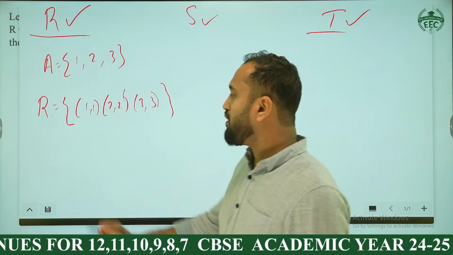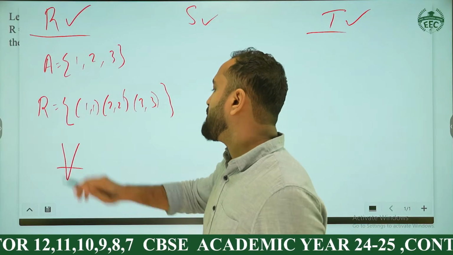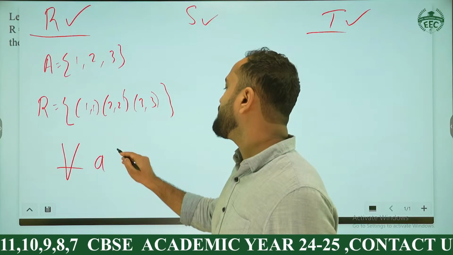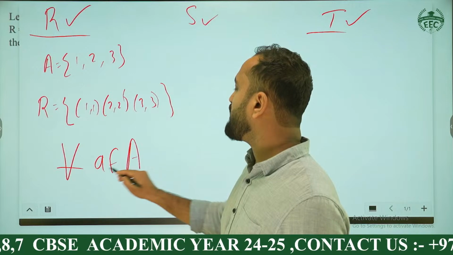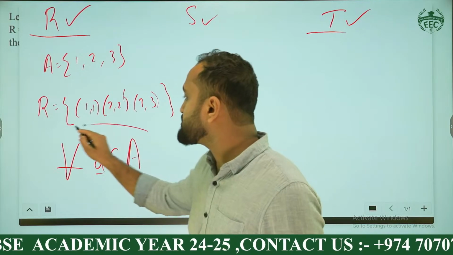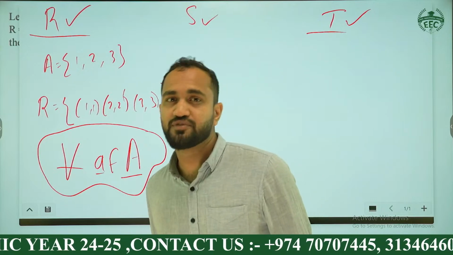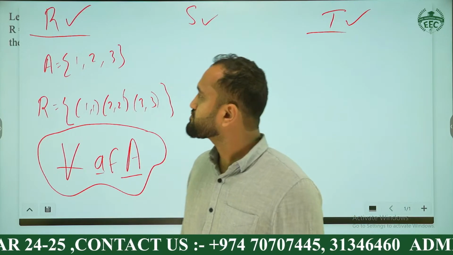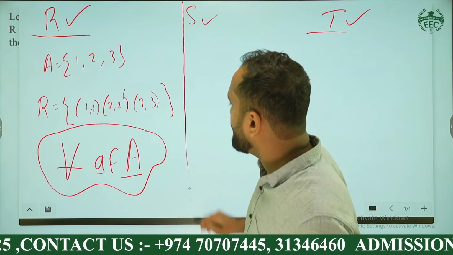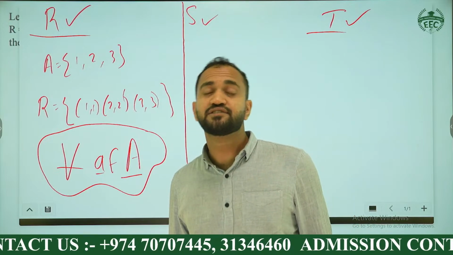No. That is why this term, for every A belongs to A, for every element in the set A, this condition should be satisfied, is well mentioned in the condition of reflexivity. Clear the point? Fine. Now the next one is symmetricity and transitivity.